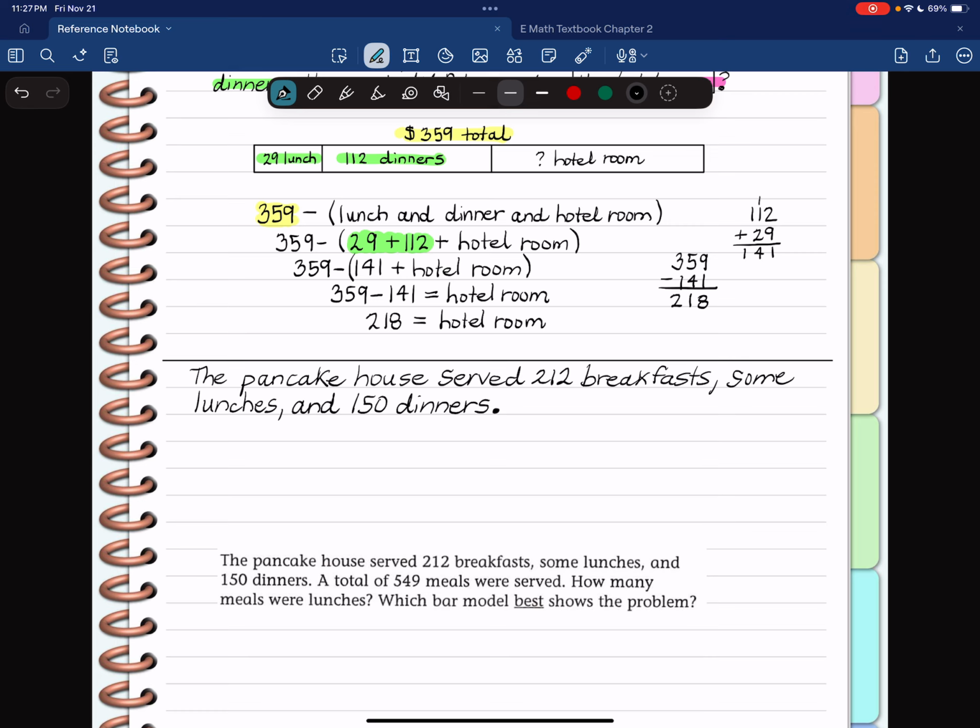End of sentence. A total of 549 meals were served. End of sentence.